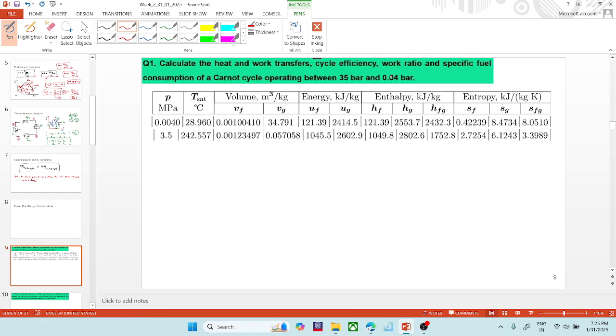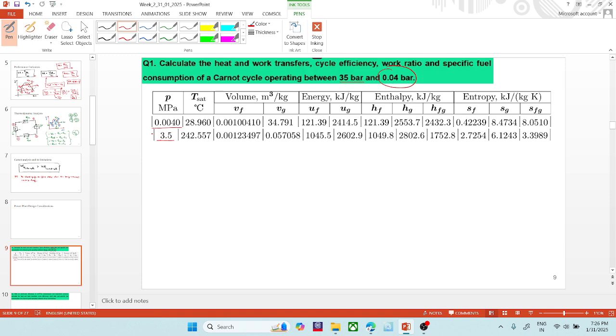The two important pressures given are 0.04 bar and 35 bar, and the Steam table I have pasted here is in megapascal. So 0.04 bar would be 0.004 megapascal, and 35 bar would be 3.5 megapascal.